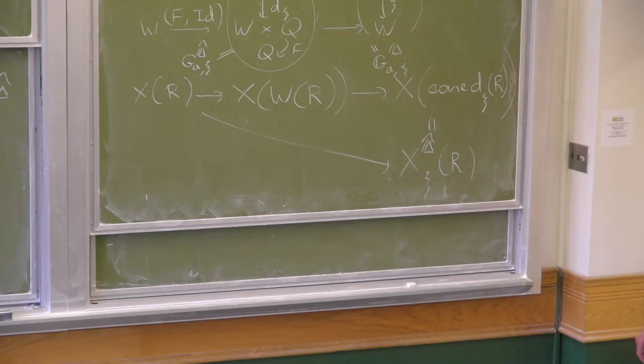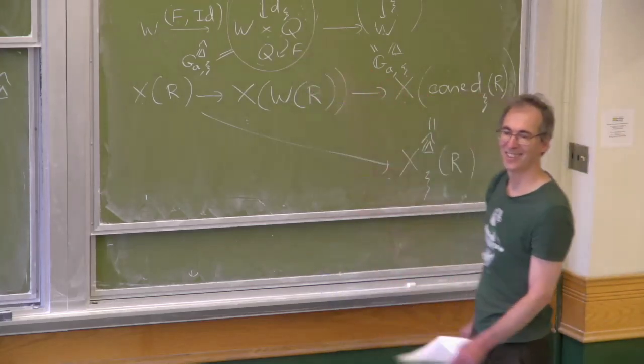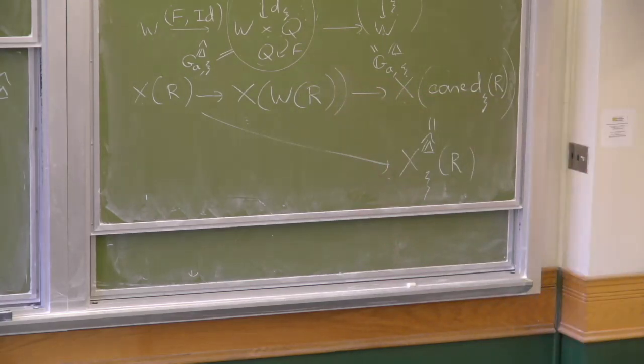I thought that the description of the prismatization of the affine line as the cone of the D immediately gives you the map from W to the prismatization, but in fact it doesn't, because you have this W. This realization gives not a map from W to the cone, but a map from the cone to W shifted by 1.